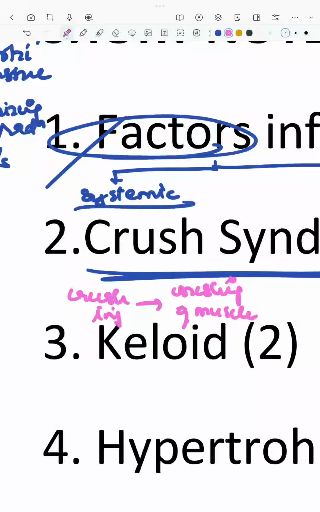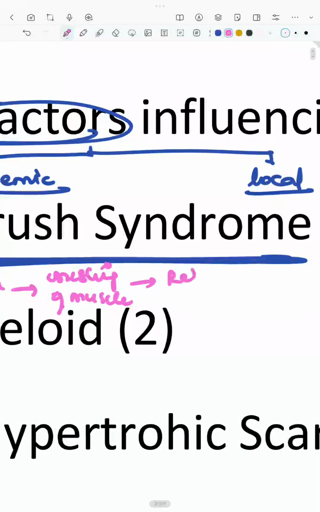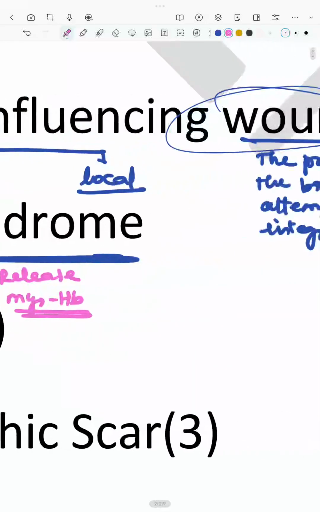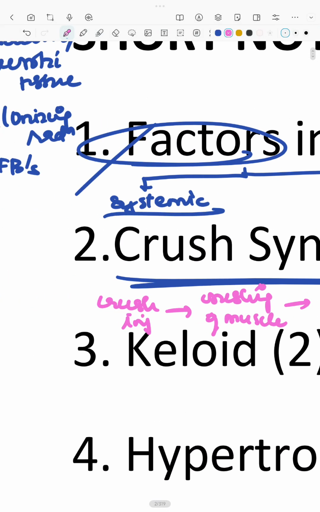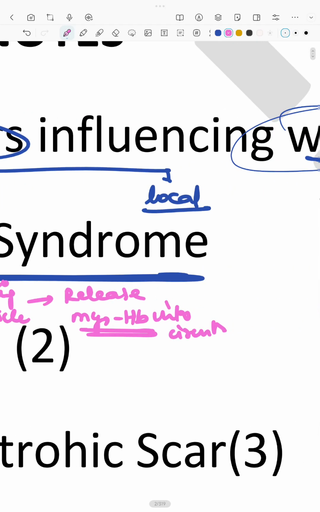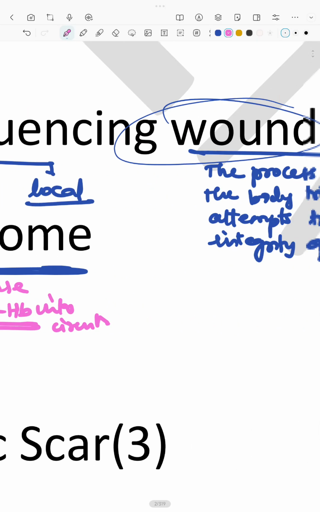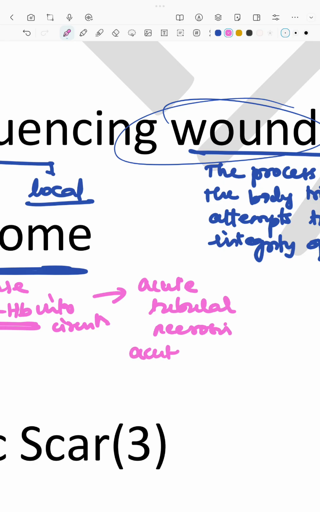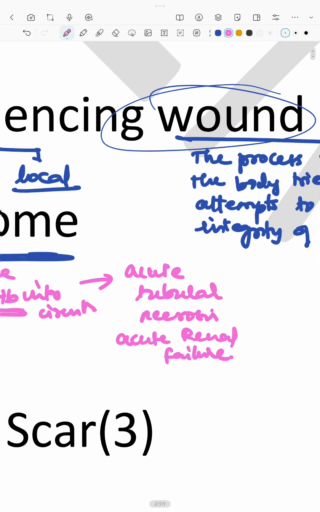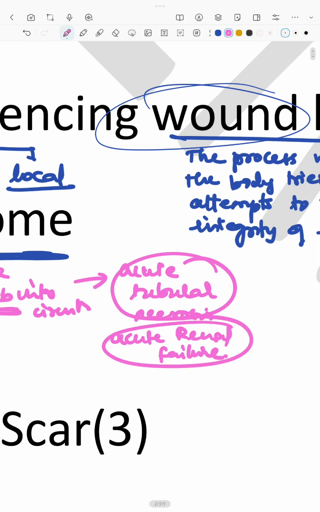This crushing of the muscle causes release of myoglobin into the circulation, which causes acute tubular necrosis or acute renal failure.